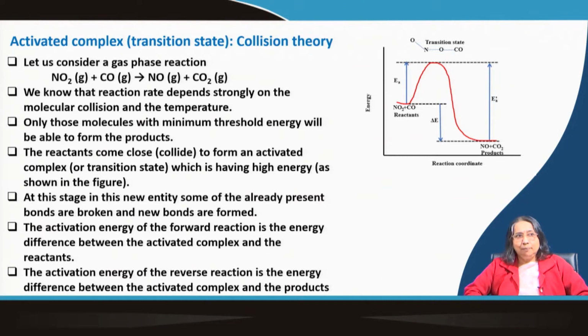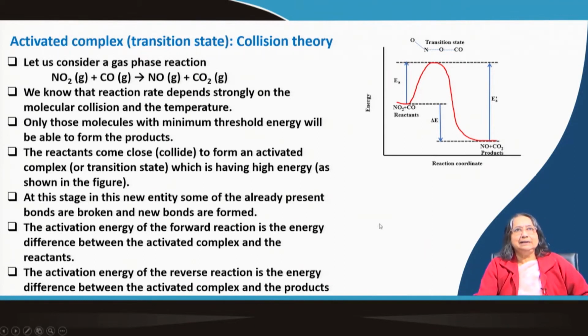When it is at the top of the hill, the potential energy is maximum and kinetic energy is 0, and when it crosses the hill, again potential energy is decreasing, kinetic energy is increasing. So, this model can be applied here to understand the activated complex and how the mechanism is going on.